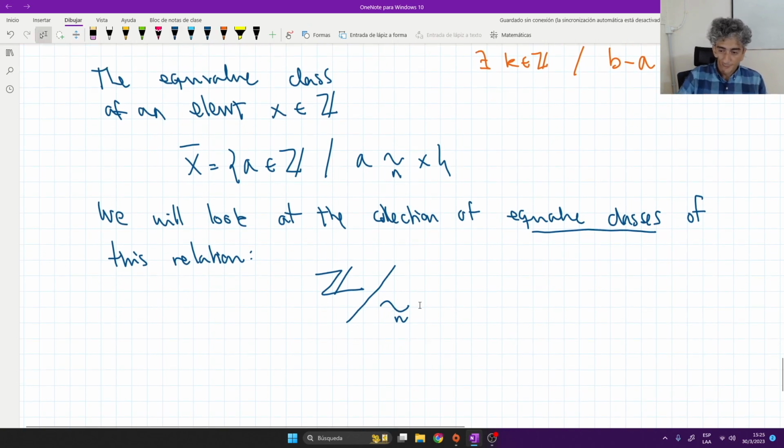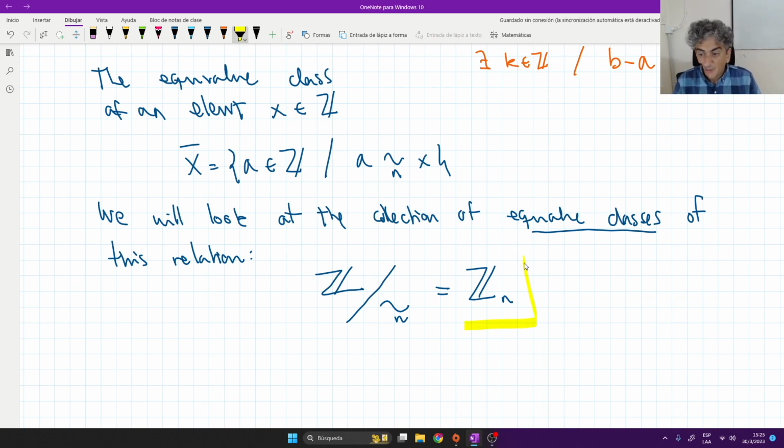Since this is sometimes too cumbersome to write, we are going to use this notation, Z sub n. Do we have numbers here? No, we have sets. Those sets are exactly the equivalence classes of numbers.